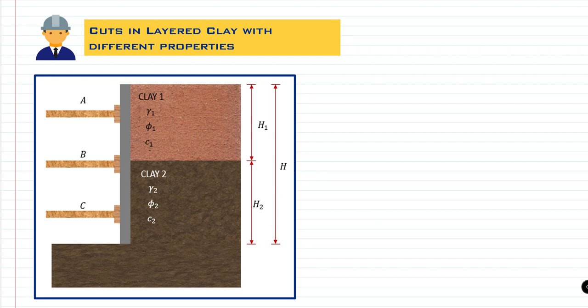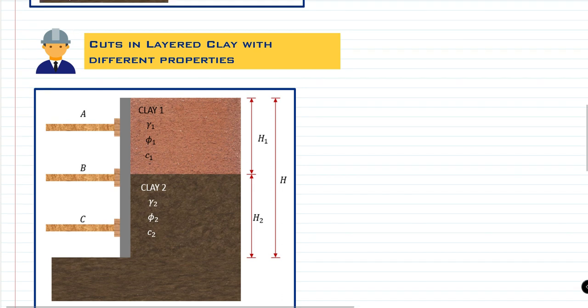So, ngayon, paano natin siya isosolve kung dalawang or kahit maraming layers na siya ng clay? So, kung layers lang siya ng clay, ang gagawin lang natin is parang Varignon's theorem. So, para sa Varignon's theorem natin, we can have yung bago nating unit weight. So, this is just for the unit weight nung soil natin.